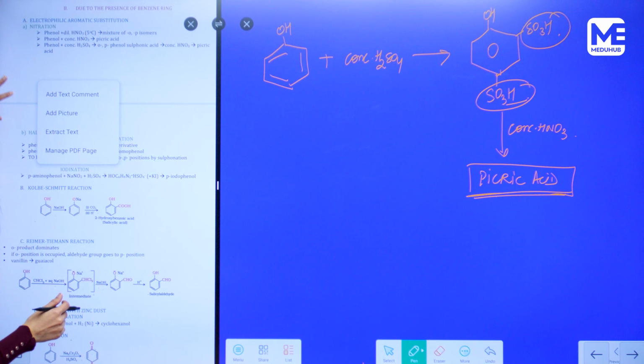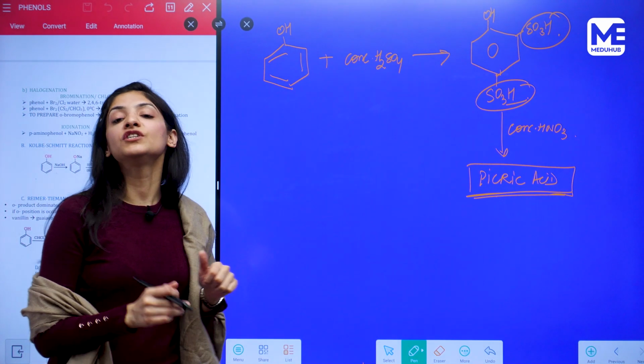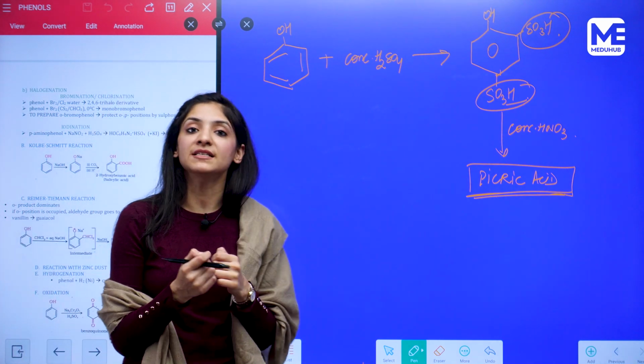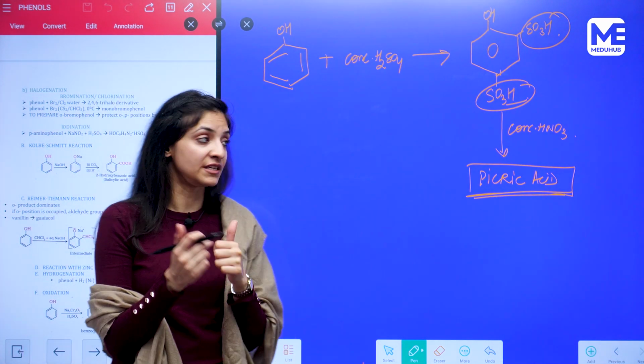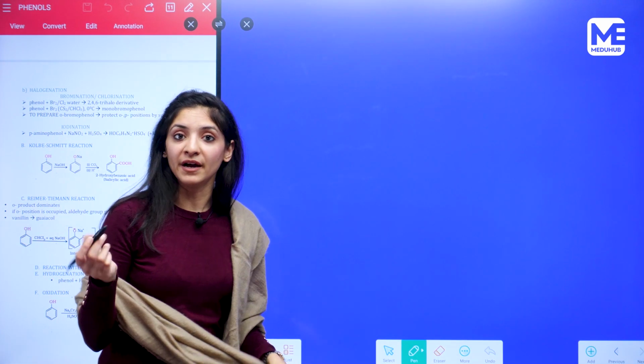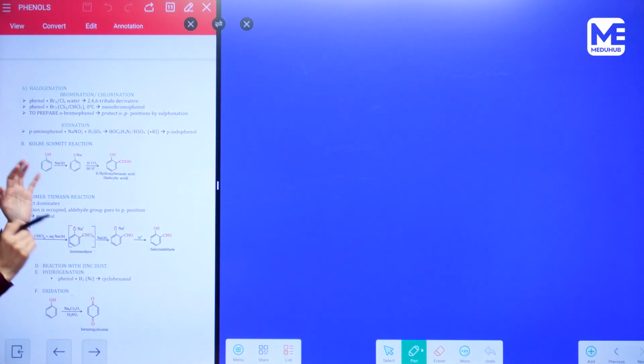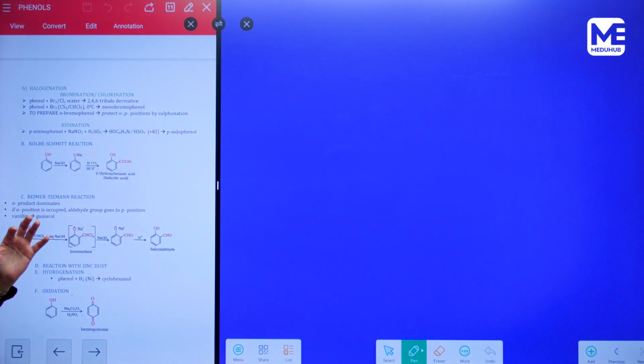Next is halogenation reaction. So if we talk about halogenation of benzene, we need a Lewis acid like AlCl3 or FeCl3 to produce the bromonium ion or the chloronium ion, right? Positively charged. But because the ring is highly activated when an OH group is present, there is no need for a Lewis acid.